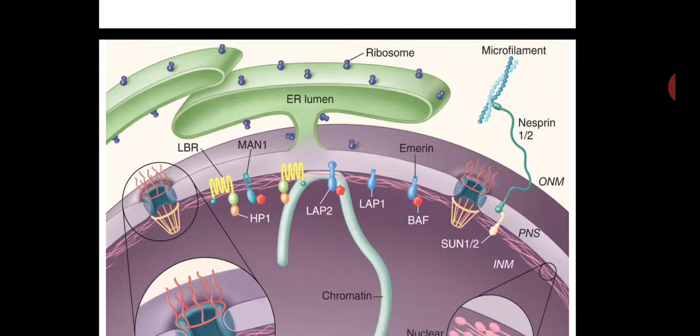The typical mammalian cell contains about 3000 to 4000 nuclear pore complexes within the nuclear envelope.